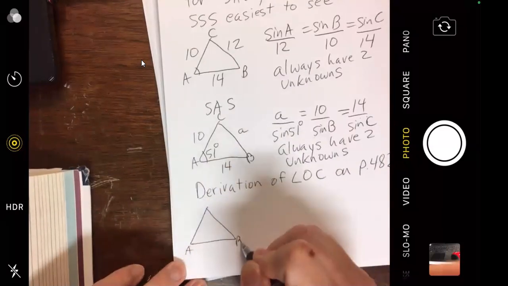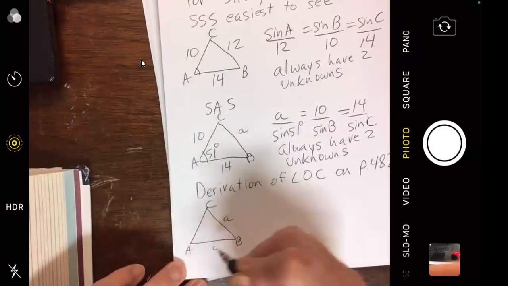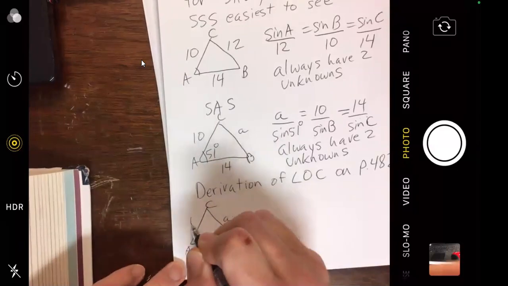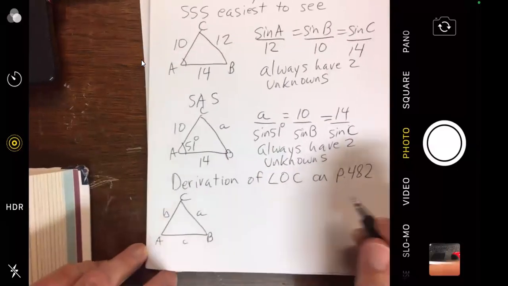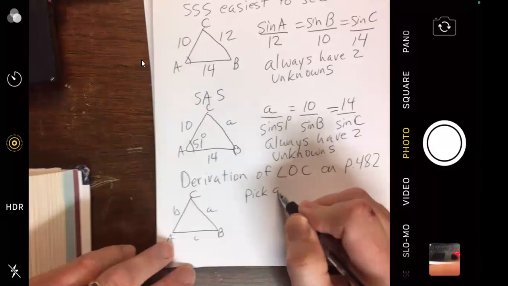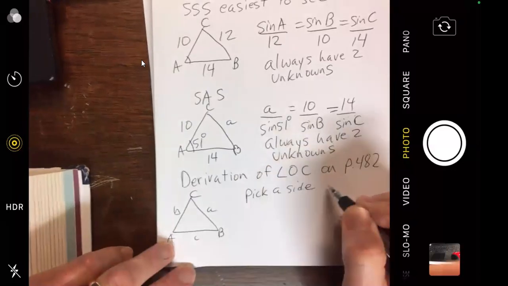Big A, big B, big C, little a, little c, little b. You can pick a side, say a.